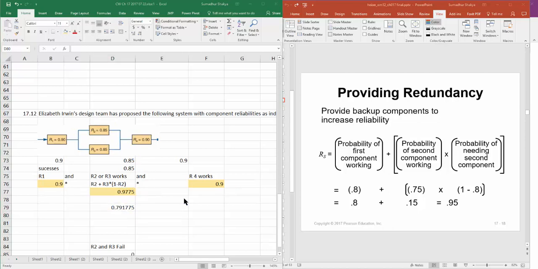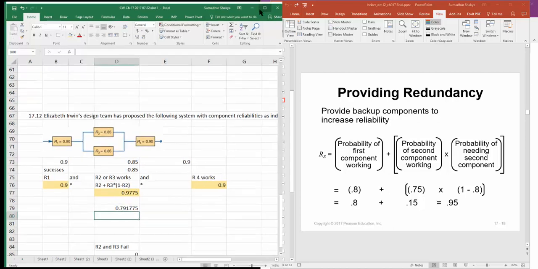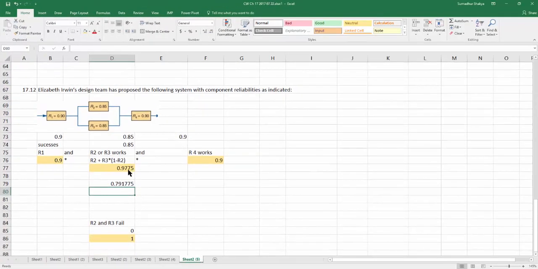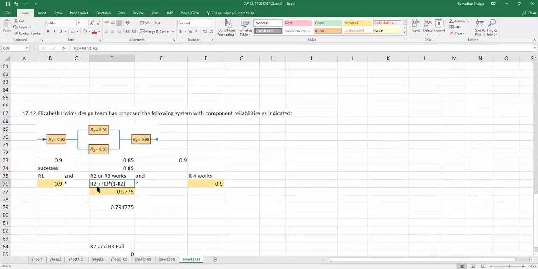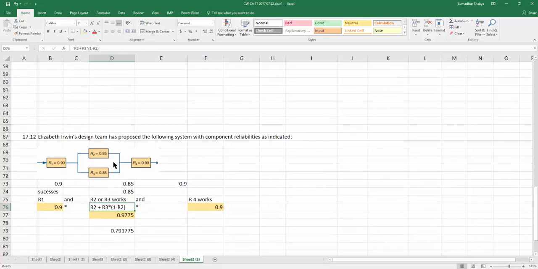Now, I told you I'll give you one more alternate way. One way to do this, instead of remembering R2 plus R3 times 1 minus R2, is to think of the probability that none of these would work, if this one fails and this one also fails.